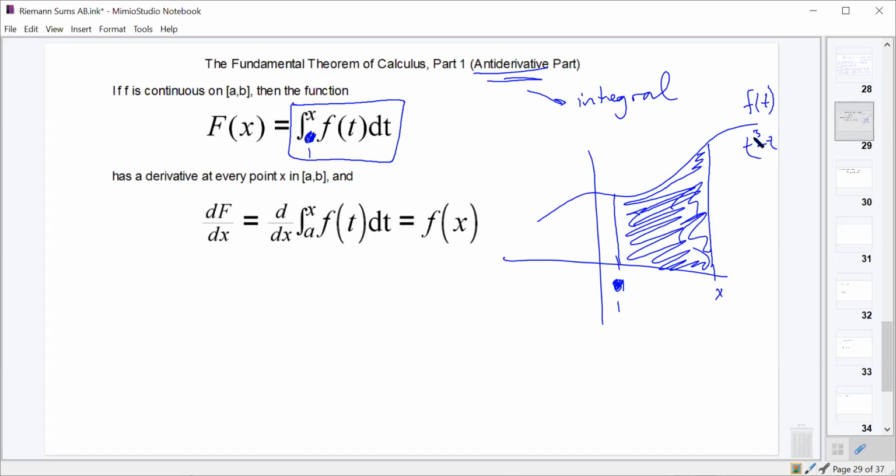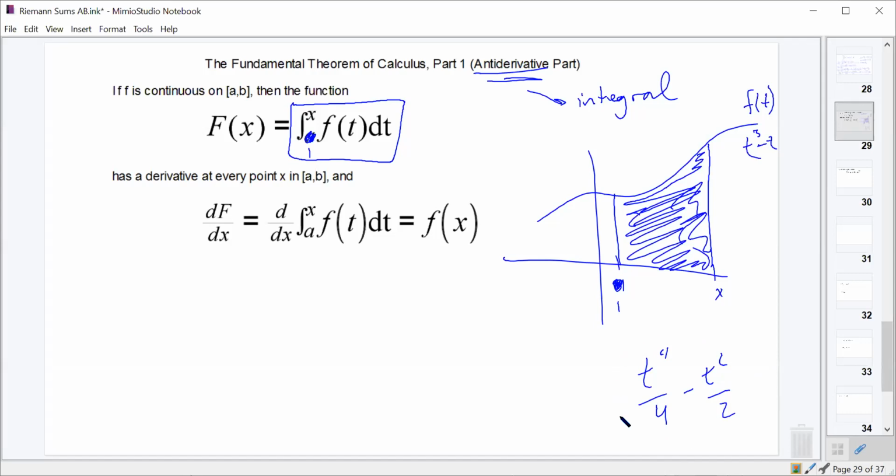That function happens to be t to the 4th over 4 minus t squared over 2.